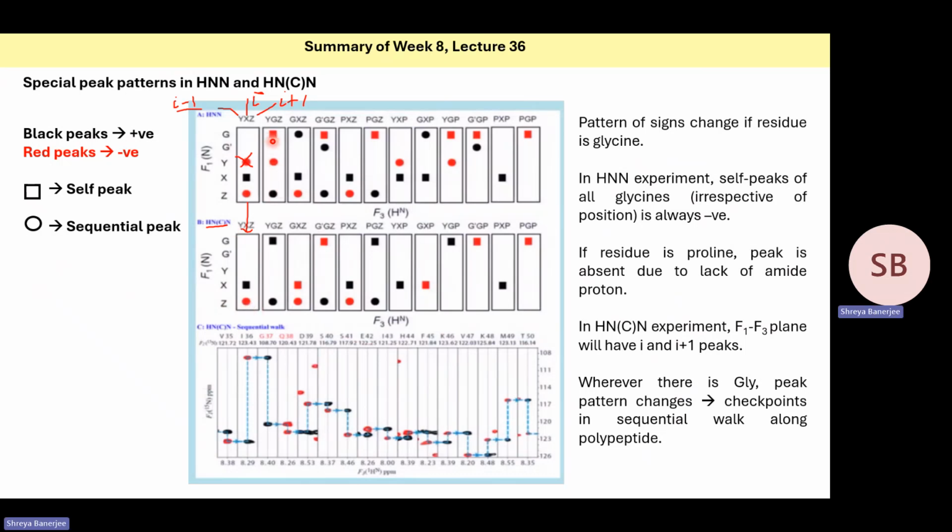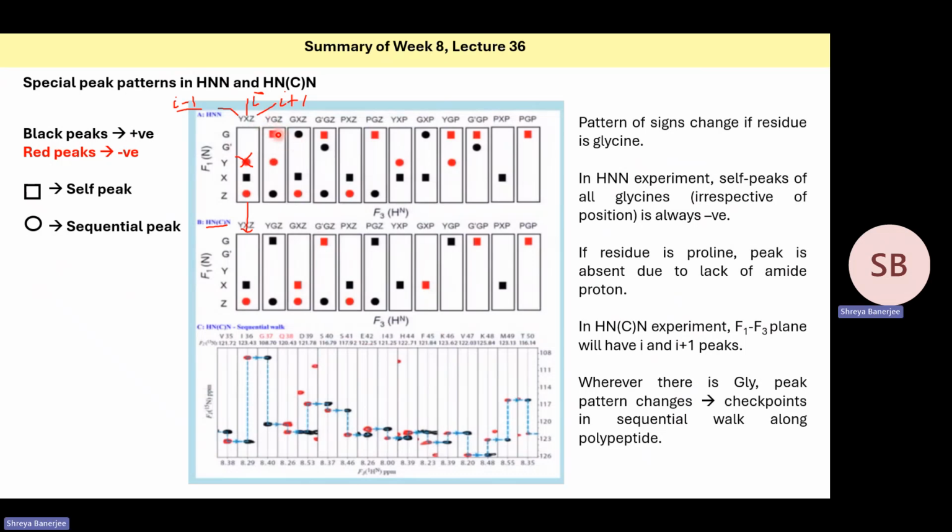Now when you have a glycine, here the glycine is in the I position. The self peak of glycine is shown by a square. Glycine has a very unique position of self peak: it is always much more upfield shifted. Also you can see the sign changes. In a general tripeptide, the self peak was positive. In glycine, the self peak has become negative.